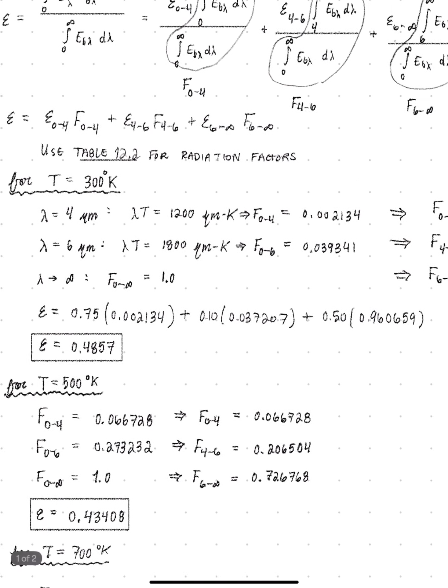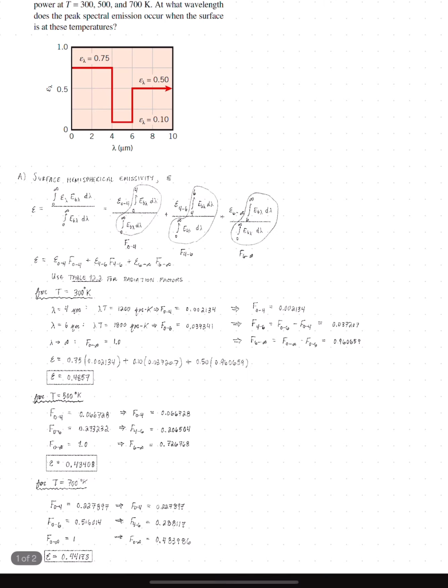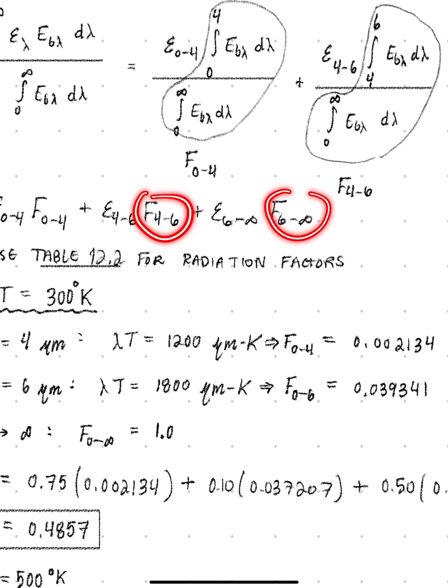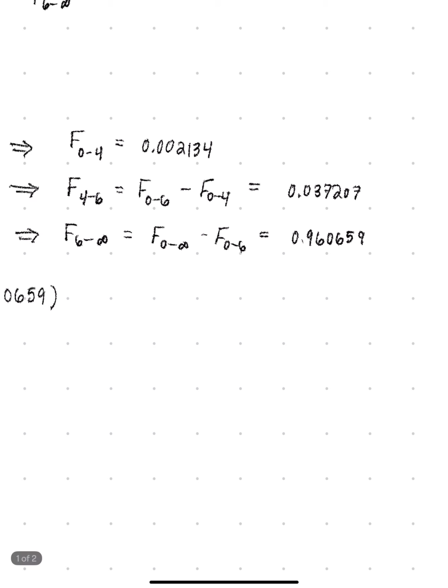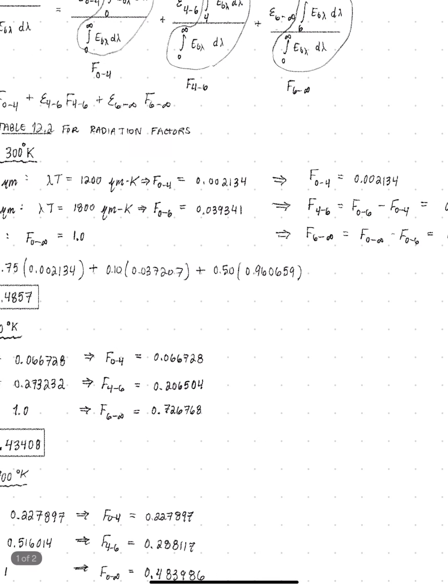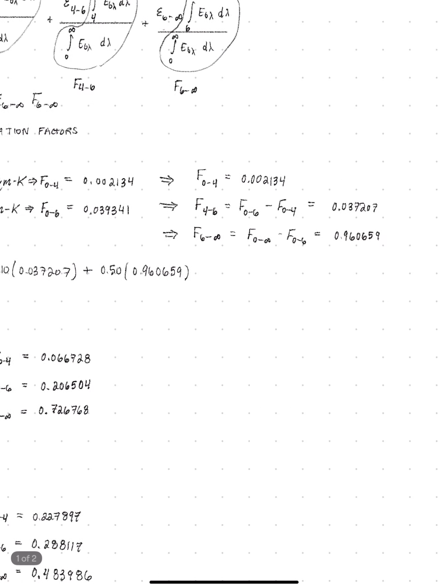And so in order to calculate our ranges, which are from 4 to 6 and 6 to infinity, all we have to do is to subtract our factor from 0 to 4 from 0 to 6 to get 4 to 6, which turns out to be 0.037207. And from 6 to infinity, similarly, we just subtract from 0 to infinity, which is just going to be 1 minus f0 to 6, which we found to be 0.039.